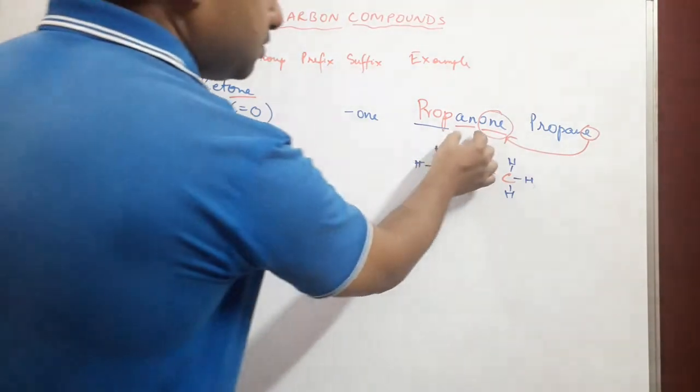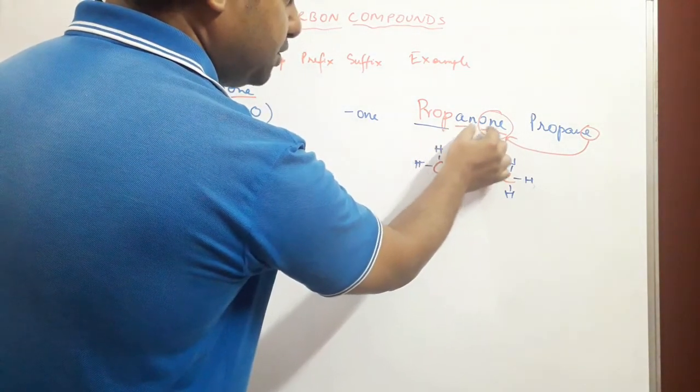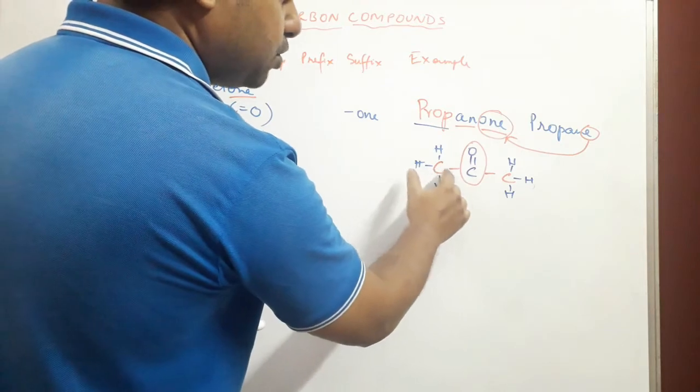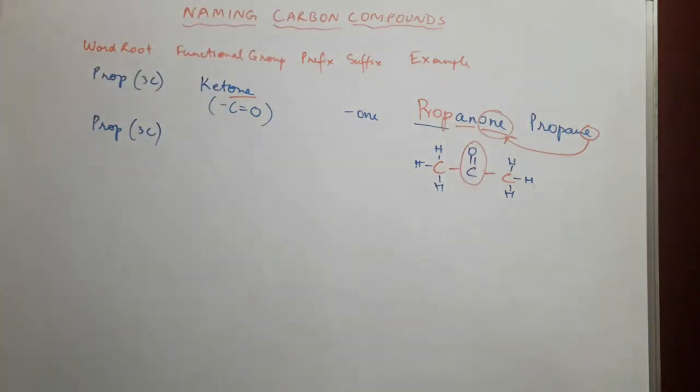When we talk about whether it will be propanone, we look at the double bonds between carbon atoms. Okay, we see if there are any double bonds formed between carbon atoms. Here there is a double bond formed between a carbon atom and an oxygen atom. So that comprises a functional group.